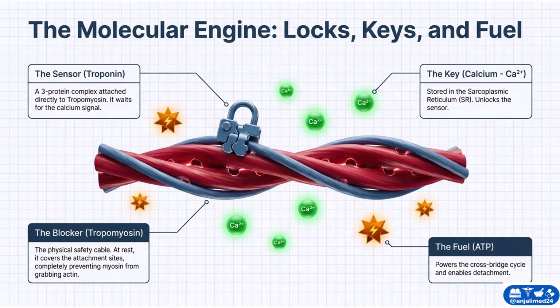This slide beautifully demonstrates the coordination of molecular physiology. Troponin is the sensor, tropomyosin is the blocker, calcium is the key, and ATP is the fuel. Together, they regulate whether a muscle remains relaxed or contracts forcefully. Clinically, many important drugs act on this pathway.